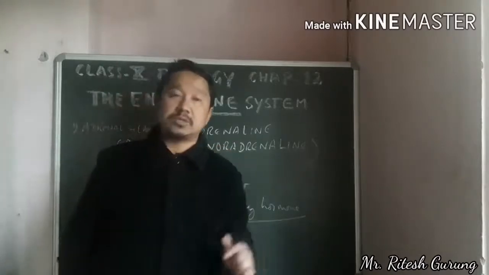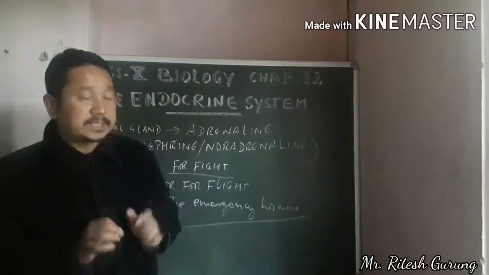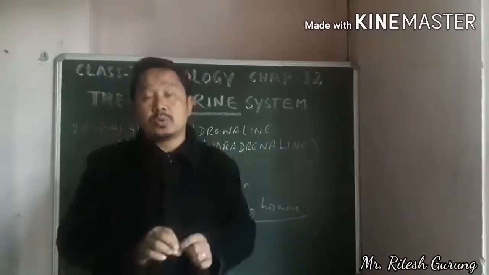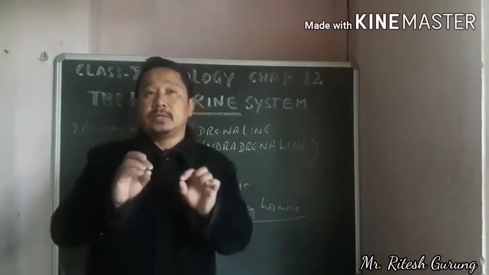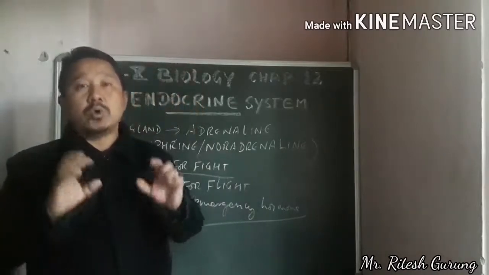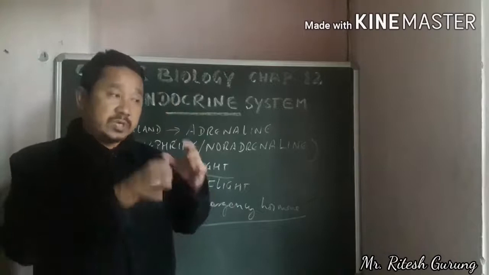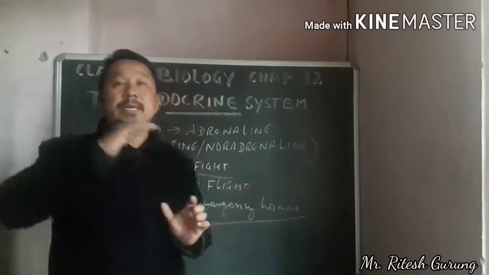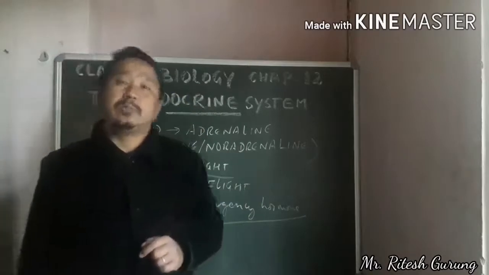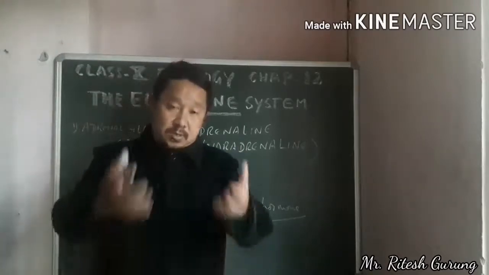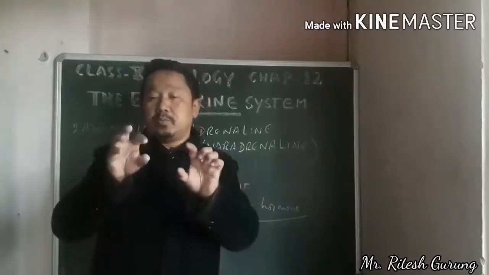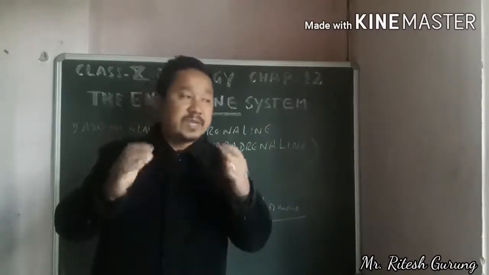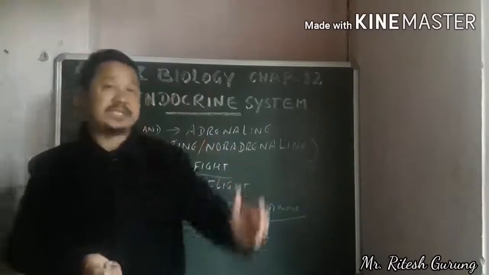Also, under the influence of this hormone, more glucose is released into the blood, usually from the liver. More glucose released into the blood means more energy is produced, which is very useful for facing that situation.